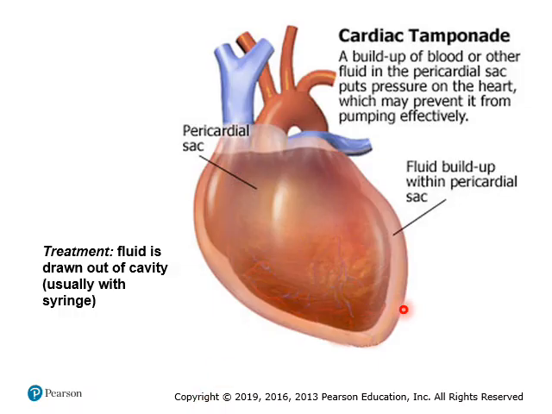Now, if something happens outside, blood could actually get in there, and a fluid buildup within the pericardial sac would increase the pressure inside the sac and could put pressure on the heart and prevent it from pumping effectively. That is called cardiac tamponade.